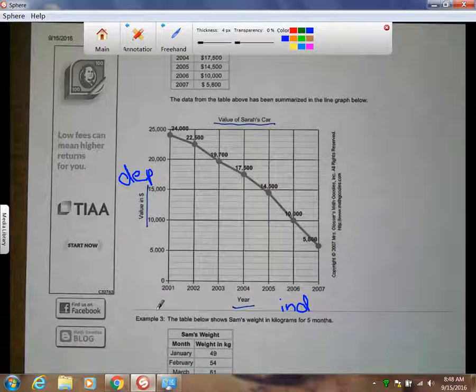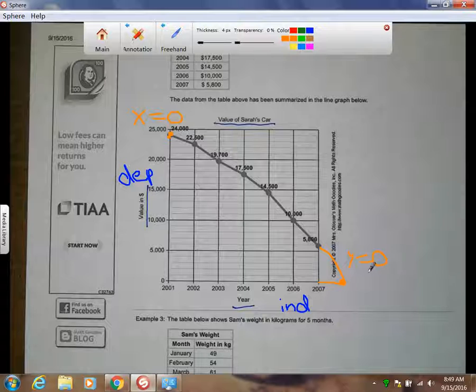Some other things you need to look at are x and y intercepts. We'll start with the y-intercept. Here's your y-intercept. For the y-intercept, x is equal to 0. Now we don't have an x-intercept, but if this were to continue like that, then this would be our x-intercept, and y would equal 0.